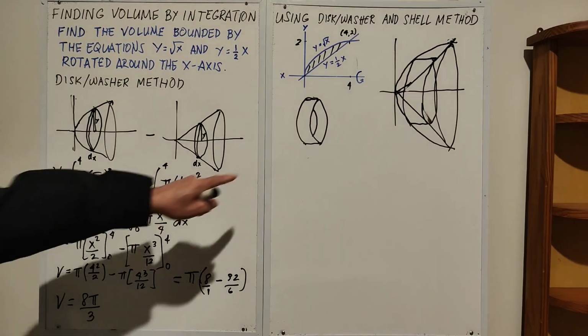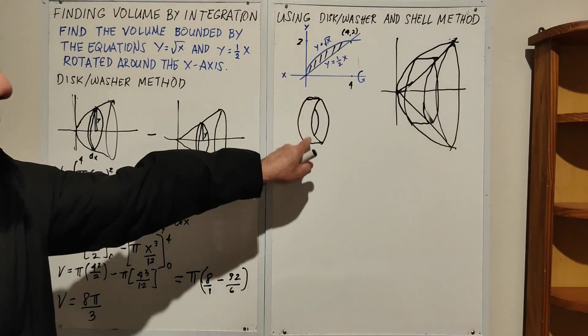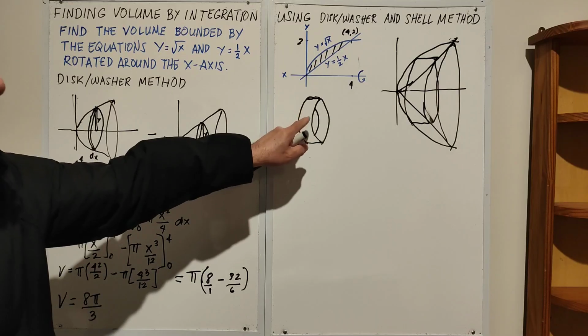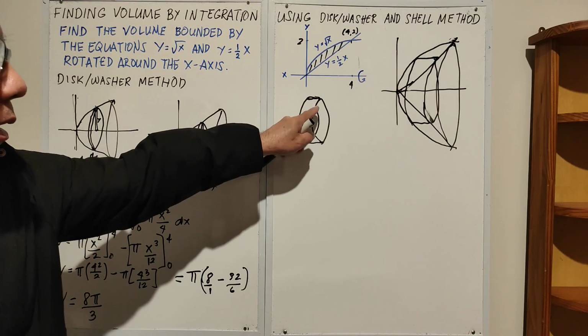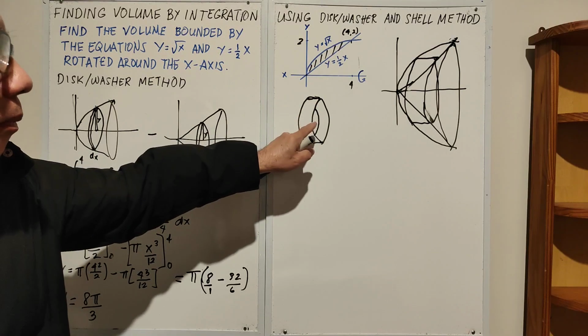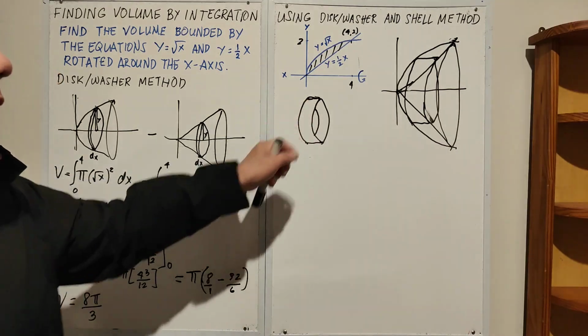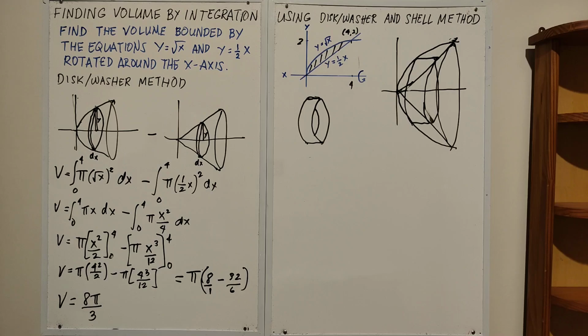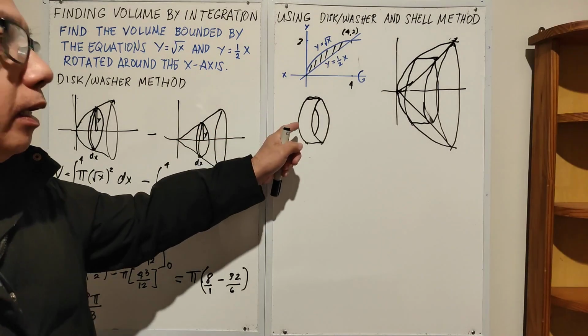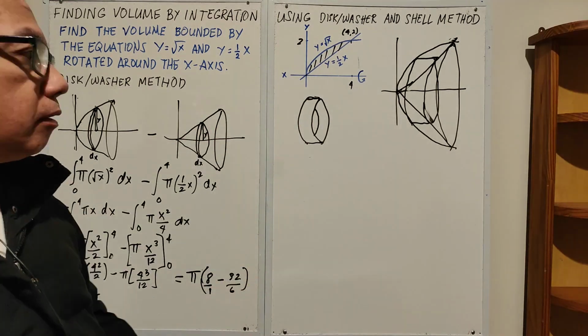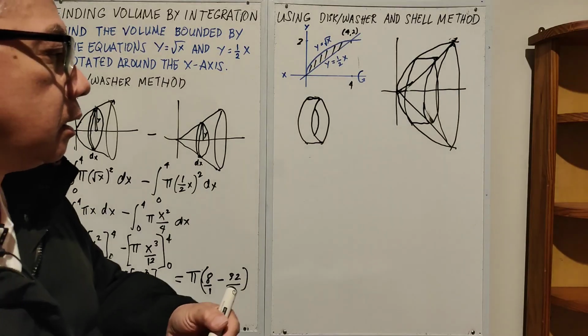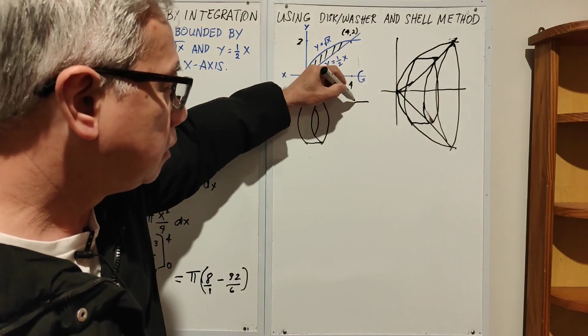Now, if you will notice, it looks like a cylinder with open top and bottom with a hole in the middle. So we want to get the surface area of a cylinder. So imagine this is your cylinder.